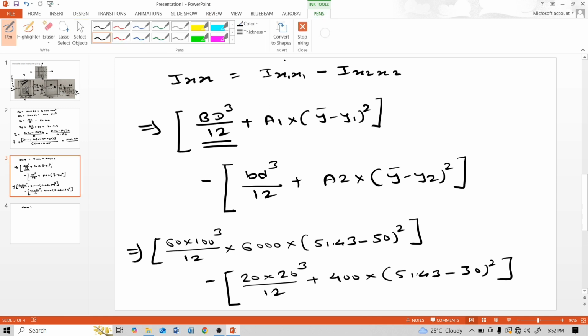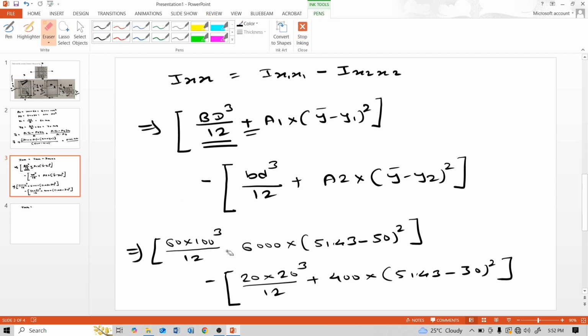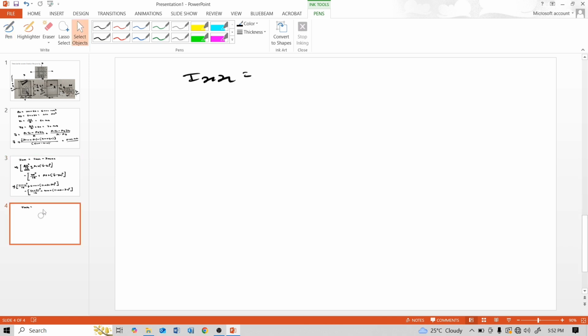Here see, plus sign, and we wrote here multiply sign, so wrong, here plus sign, plus 6000 into (51.43 minus 50) square, minus 20 into 20 cube divided by 12 plus 400 into (51.43 minus 30) square. So moment of inertia Ixx is 4.815 into 10 raised to 6, and unit of moment of inertia is mm raised to 4.